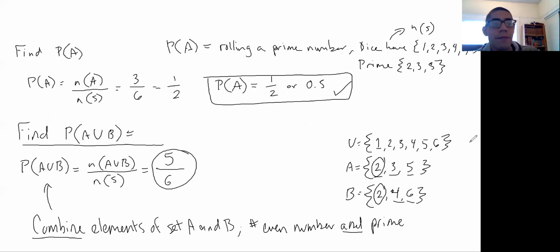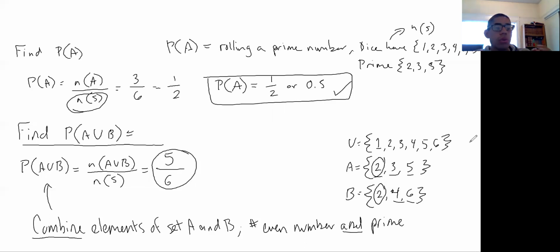Okay, so if we're finding P(A), we're rolling a prime number, right? A dice only has 6 sides, which means that every time I roll this dice, I'm going to get a number between 1 and 6. That means that the total outcomes, that n(S) that I have here, is the total possibility.